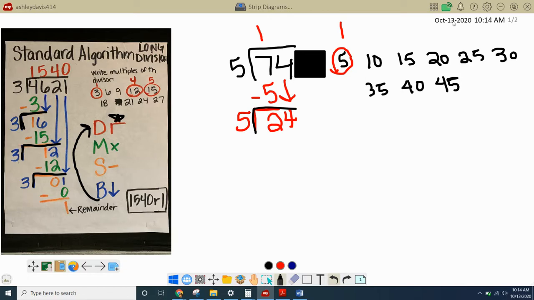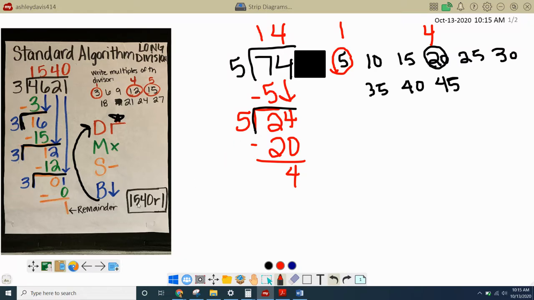So I go over here. I can go all the way to 20, which is 1, 2, 3, 4 times. So I put the 4 at the top. 5 times 4 is 20. And then I subtract. 24 minus 20 is 4.